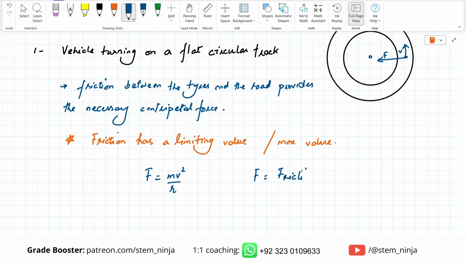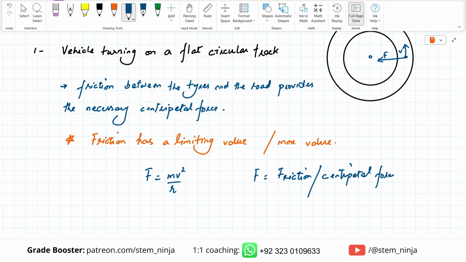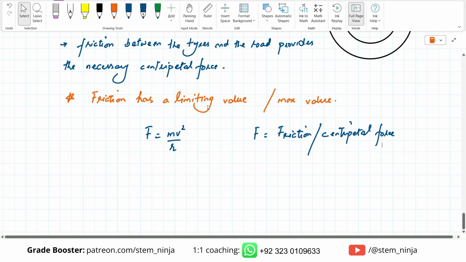So friction is the centripetal force. And the rest of the quantities m, v and r we already know.